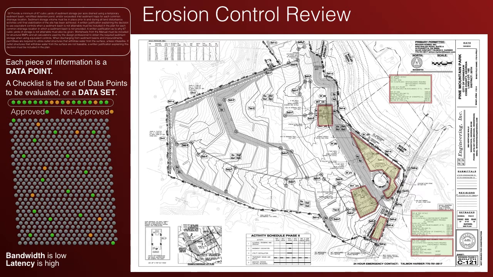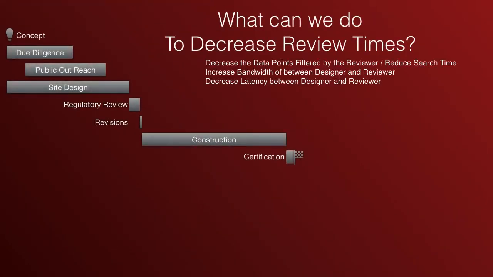So what we want to do is we want to try to ultimately decrease these review times. And now that we've kind of discussed how the review actually happens typically, we can start to see that if we can decrease those data points that are filtered by the reviewer, we can reduce those search times.